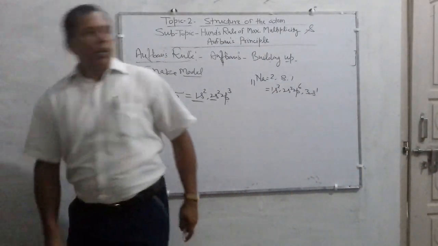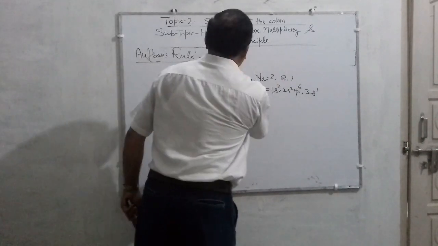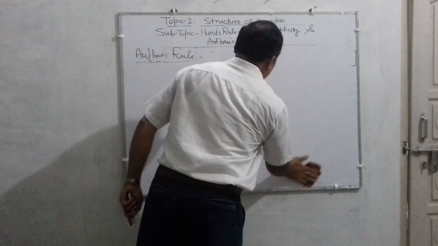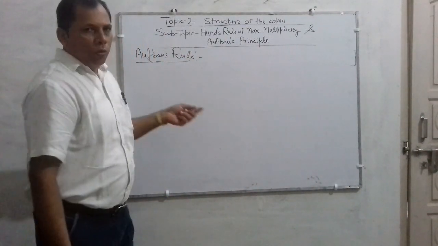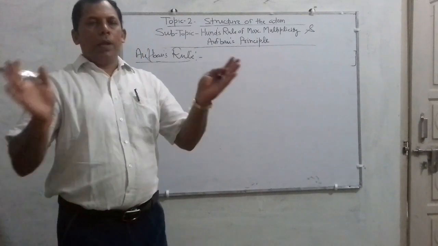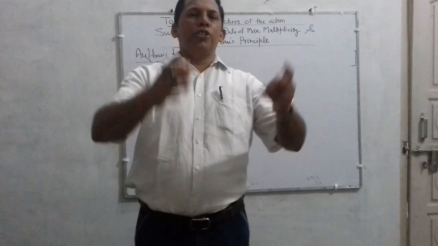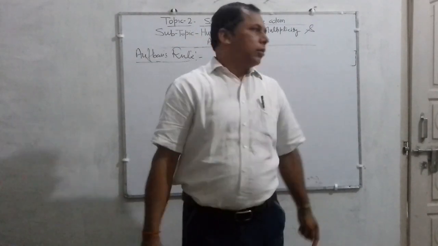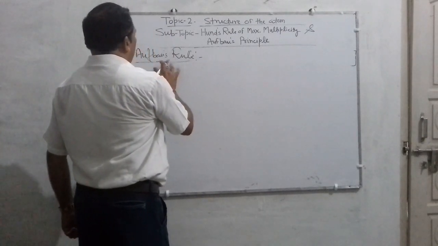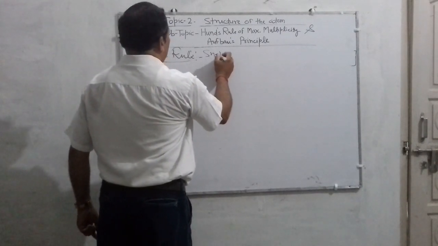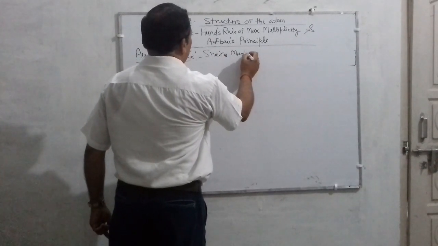Just draw a simple diagram by which it will be much easier for you to understand the rule, and once you understand it, there is no problem writing the electronic configuration of any element. This can be depicted as the snake model.